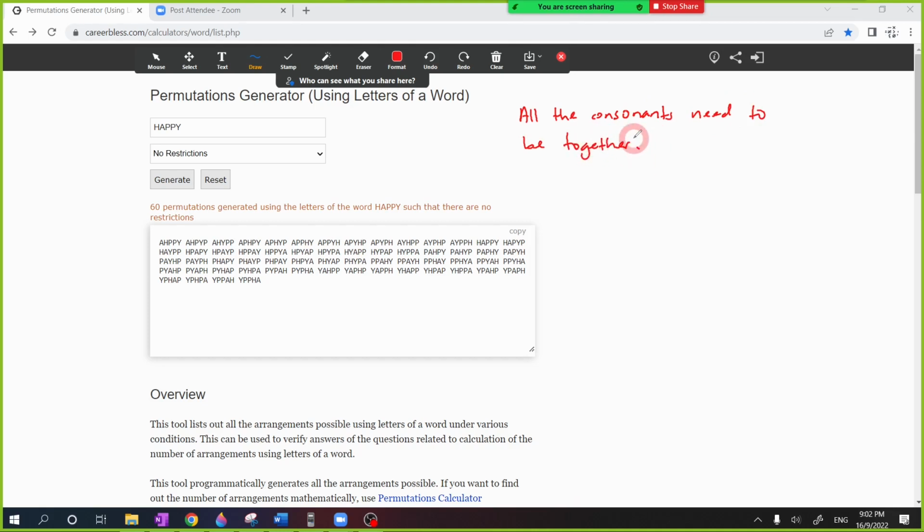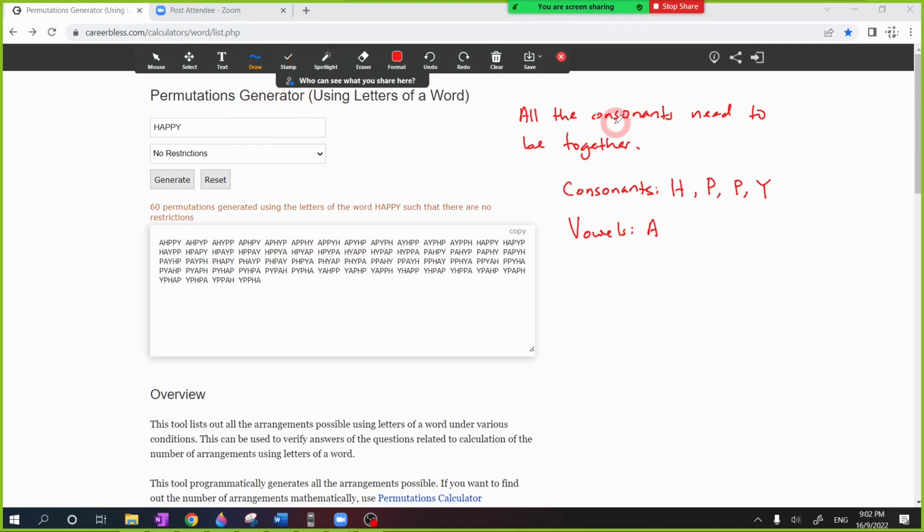That means that all the consonants need to be next to each other. So how many ways can we arrange it? How many consonants do we have here? We have H, P, P, and Y, right? How many vowels do we have here? We have only one vowel, which is A.